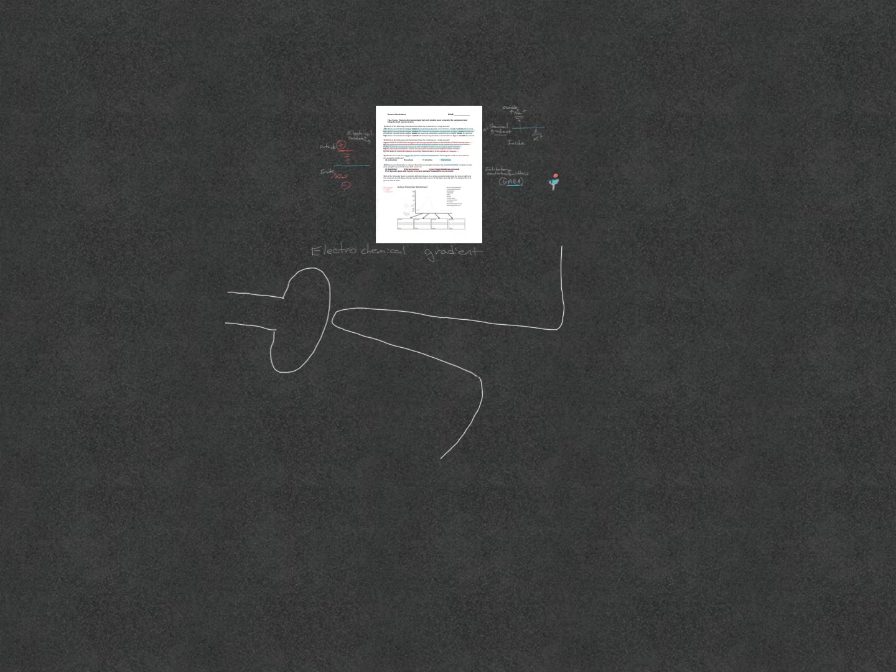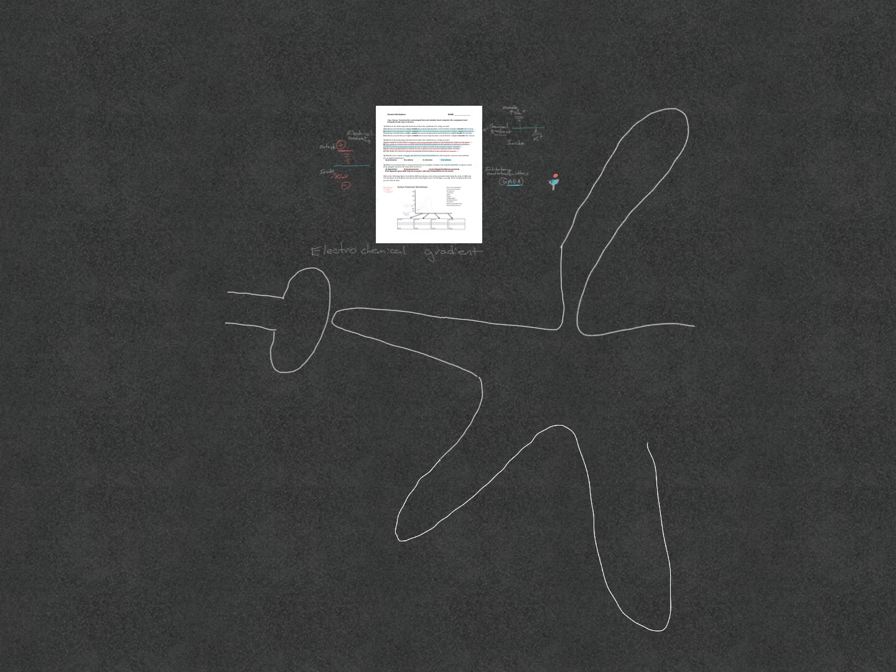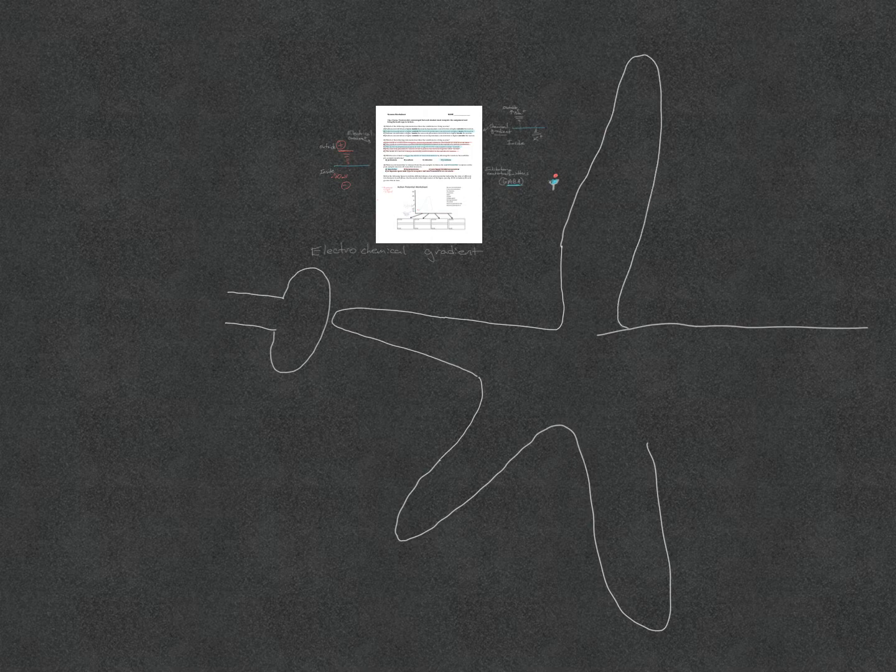So remember that when you're dealing with neurons, you have these cell bodies with membranes that go out. That's a bad drawing, so let me redraw that. These neurons have extensions. They extend their membranes out to reach other cells so that they can make connections.